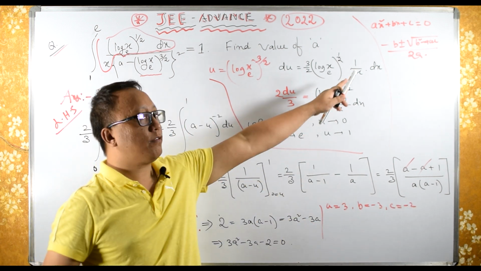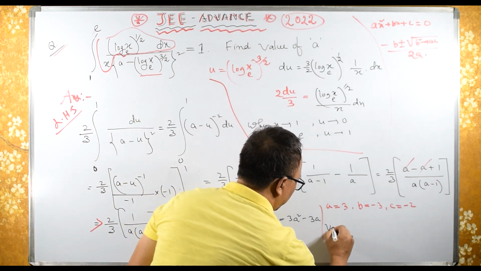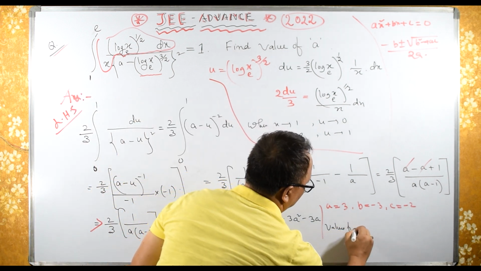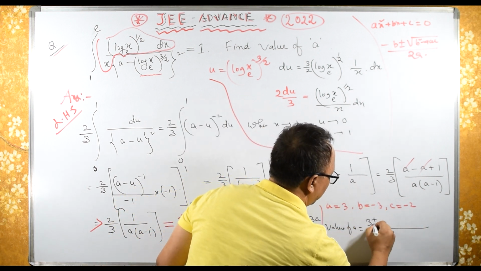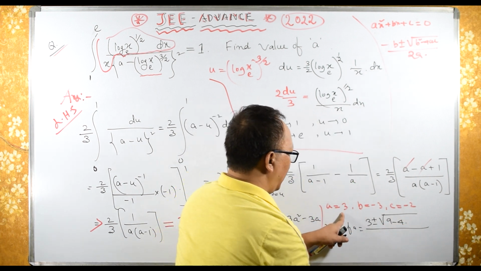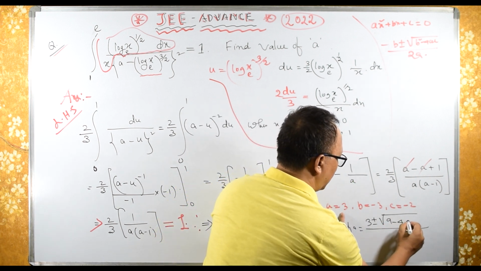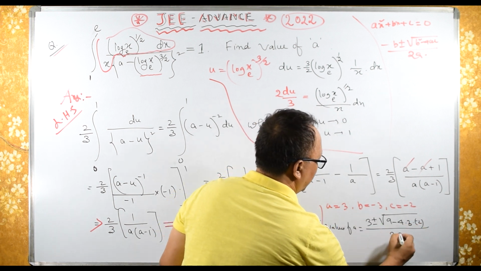So the values of a equal minus b, that is 3, plus or minus the square root of b squared, which is 9, minus 4 into 3 into minus 2, upon twice 3.